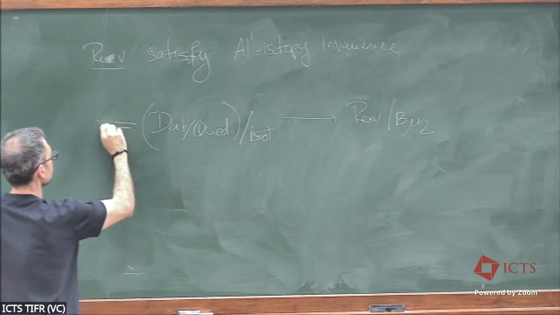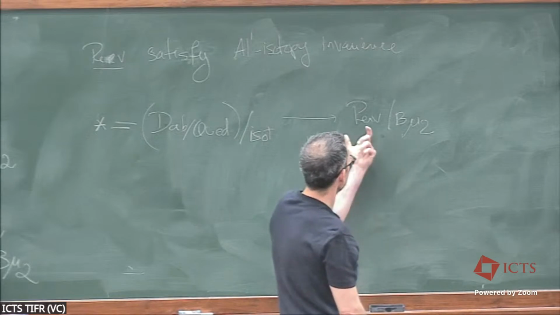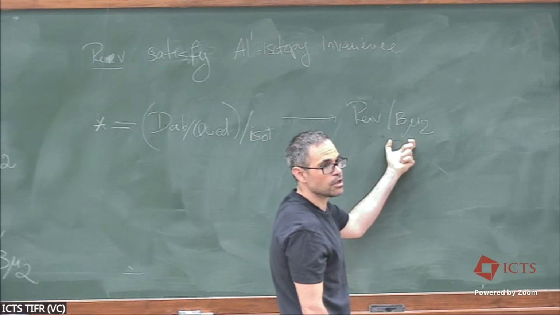And our theorem tells us this is contractible. So you get a section of this sheaf, which is a perverse sheaf up to some ambiguity.